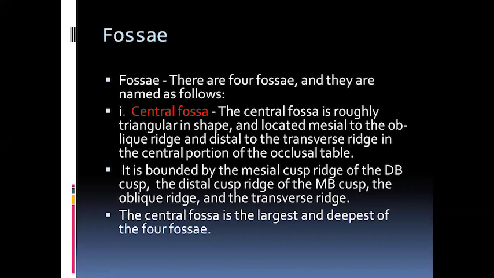It is bounded by the mesial cusp ridge of the distobuccal cusp, the distal cusp ridge of the mesiobuccal cusp, the oblique ridge, and the transverse ridge. These are the boundaries of the central fossa. The central fossa is the largest and deepest of the four fossas.